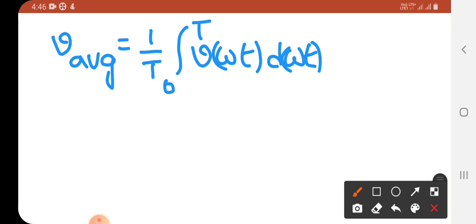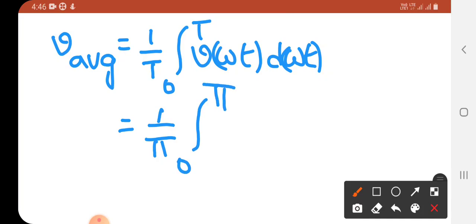Okay, now you can substitute. What is 1 by T? 1 by time period is 1 by pi, integral 0 to pi, V of omega t is Vm sine omega t, d of omega t, like this.